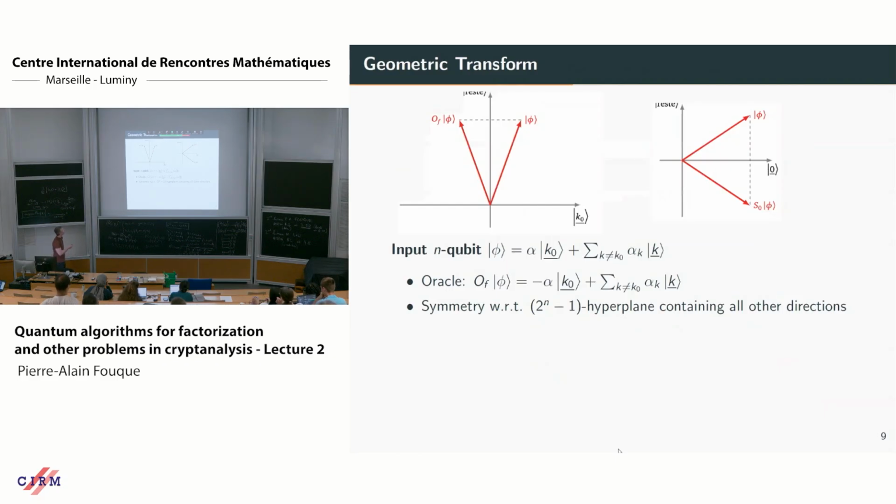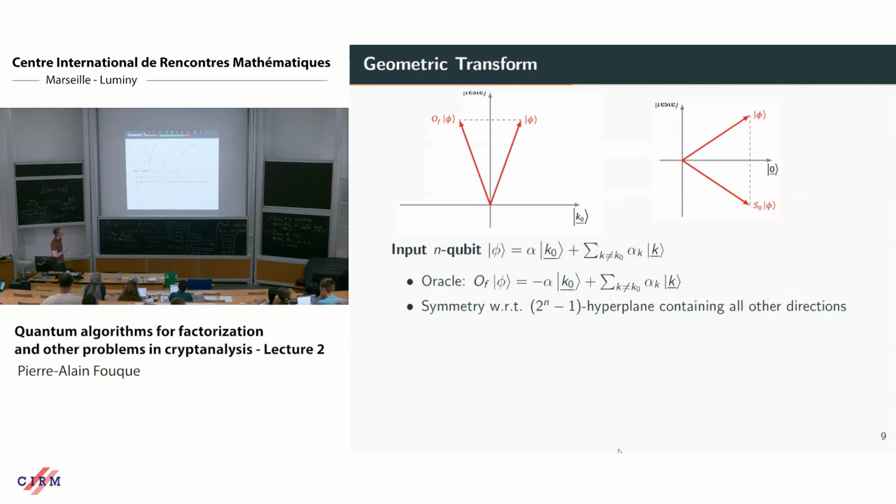And to do this, I see that this is a symmetry according to all of the values here. So the oracle is doing this. You see that the sign here is minus for k0, and all of the other values here are unchanged. So it's a symmetry according to the hyperplane here.